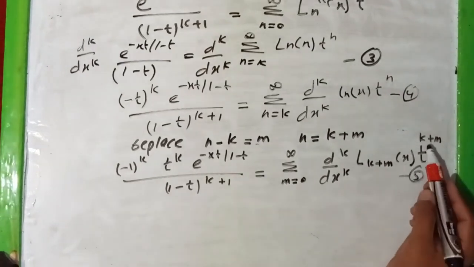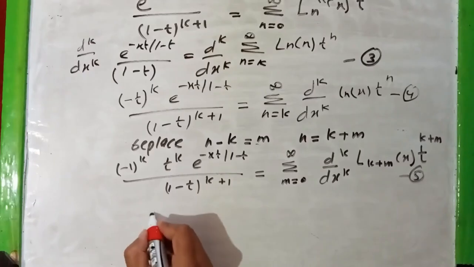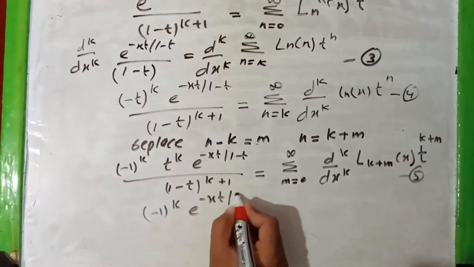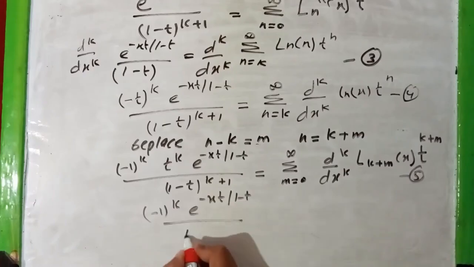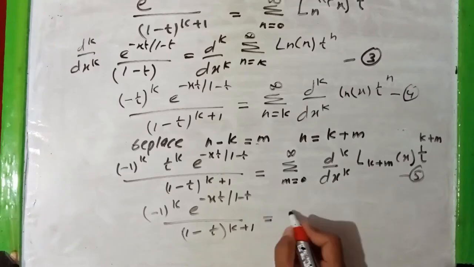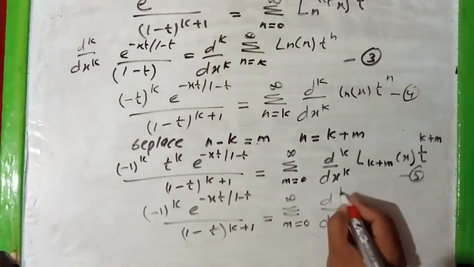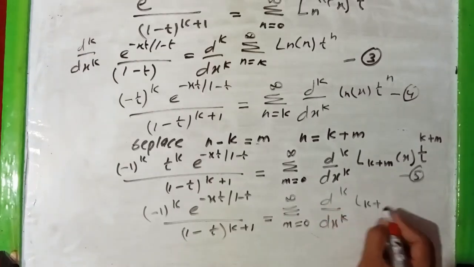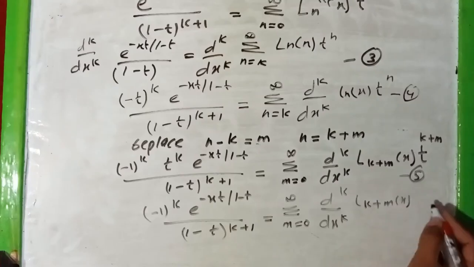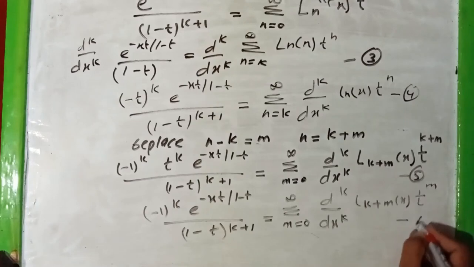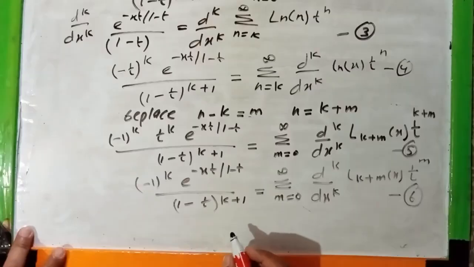So t^k is cancelled out, so this becomes (-1)^k e^(-xt/(1-t)) / (1-t)^(k+1) is equal to summation m = 0 to infinity kth derivative of L_(k+m)(x) with respect to x, t^m. This is equation number 6.